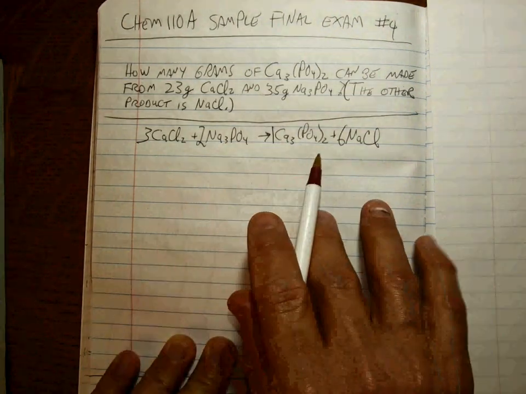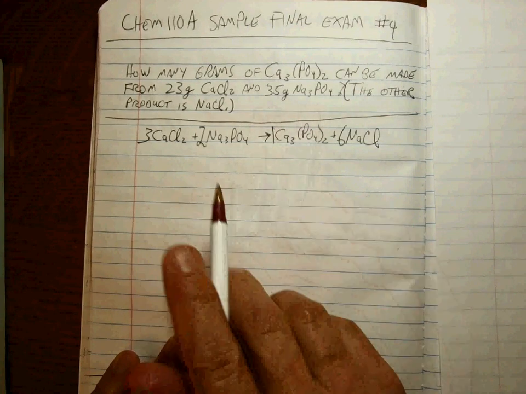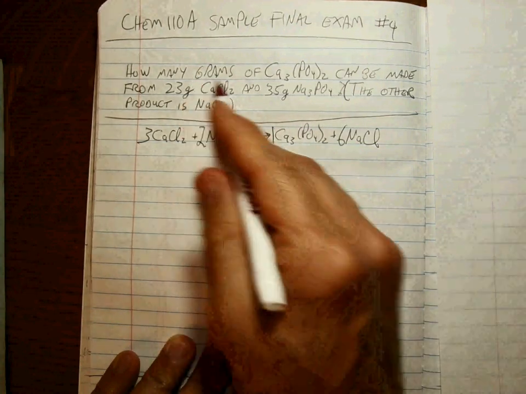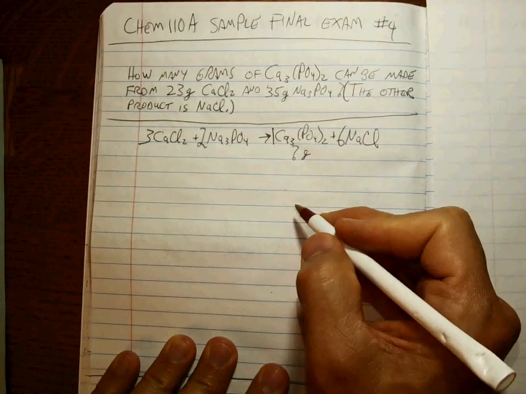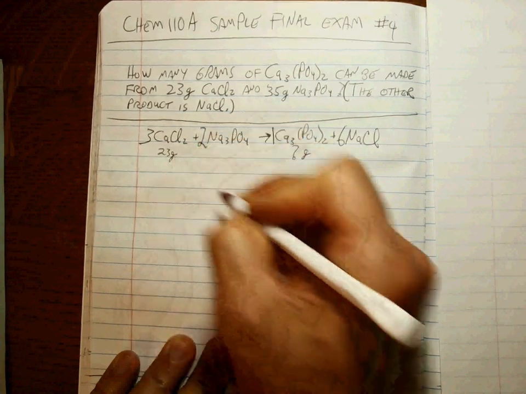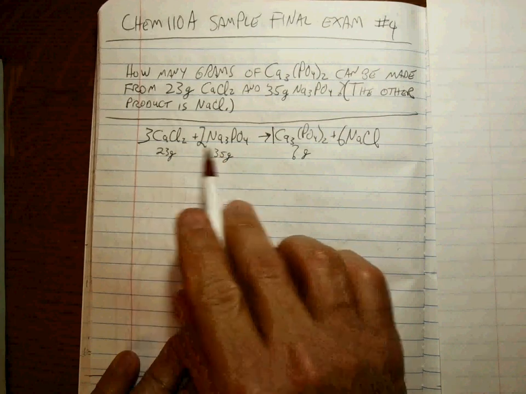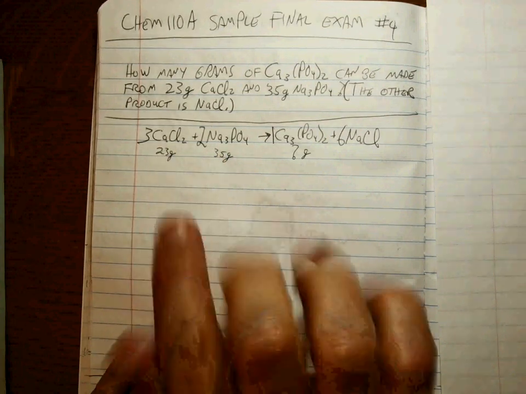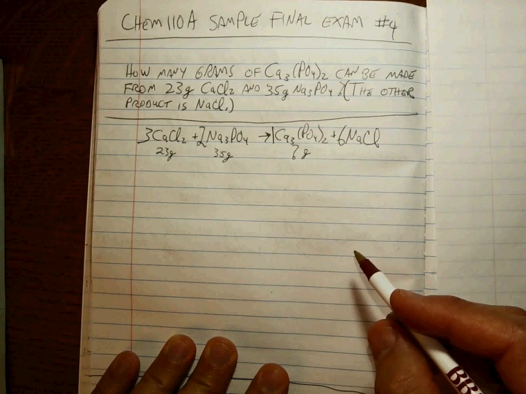So now that we have the balanced equation from the wording of the problem, let's take a look at what we have and what we're trying to find. How many grams of calcium phosphate is what we're asking about. If we start with 23 grams of this and 35 grams of this, that means we have different amounts of both reactants. That's a limiting reagent problem.